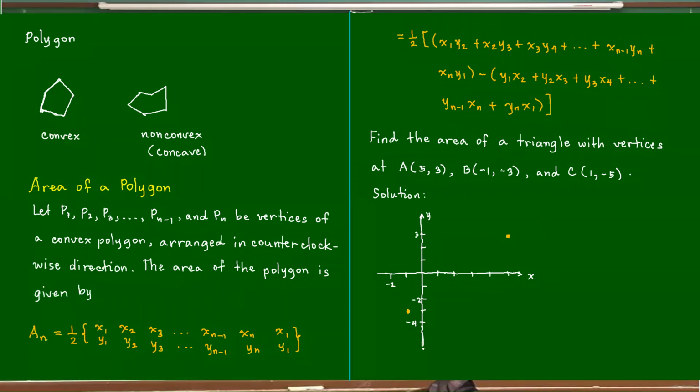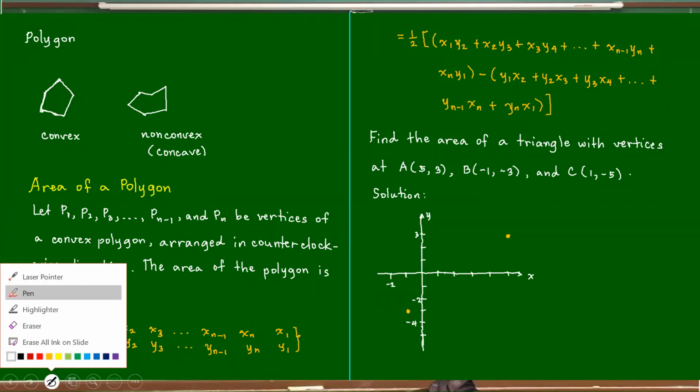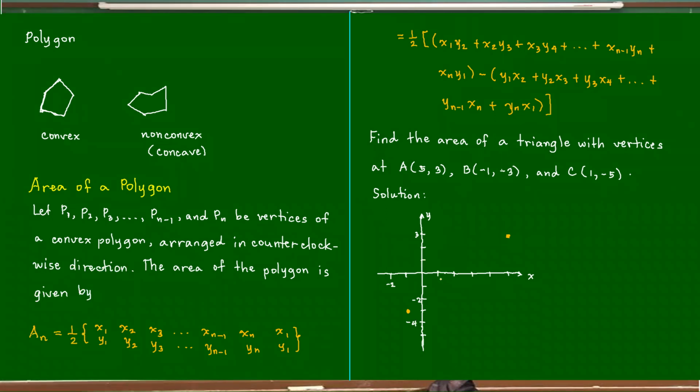This is -5. 1, -5. Am I correct, guys? So this is our triangle. Connect. Okay. And what is the area of this triangle?